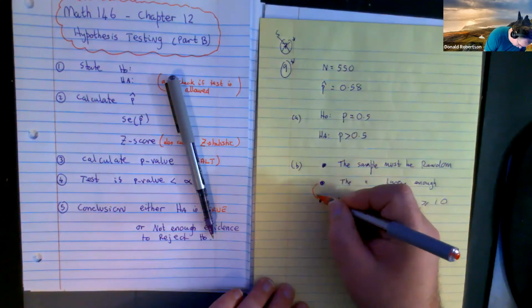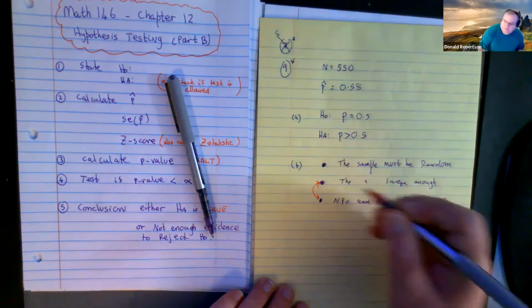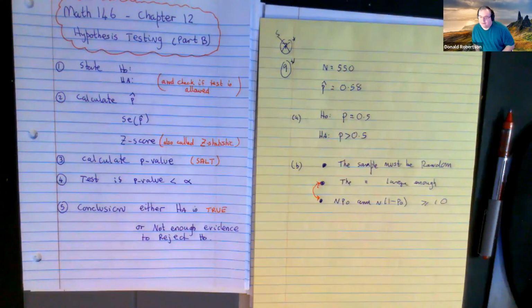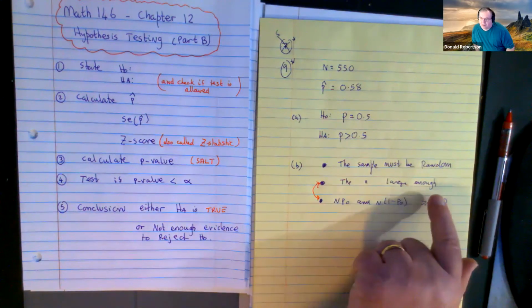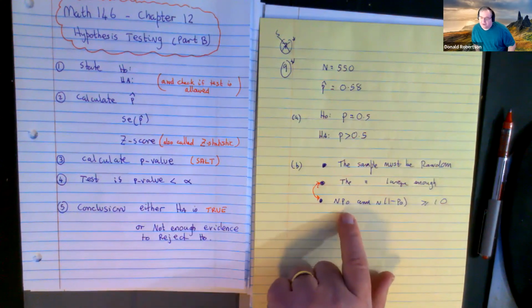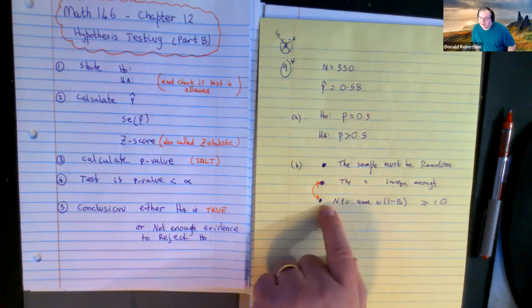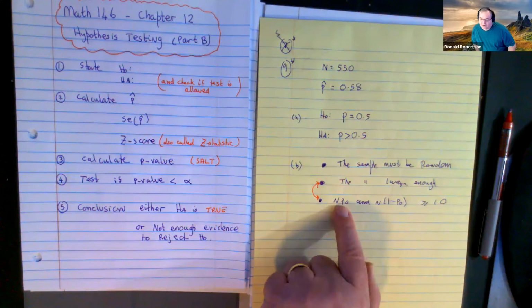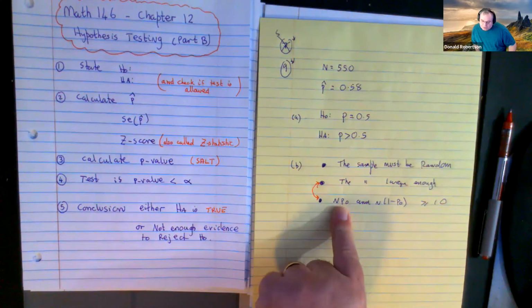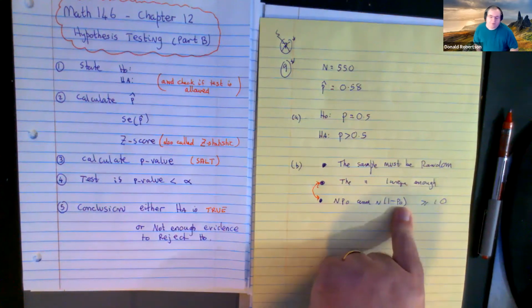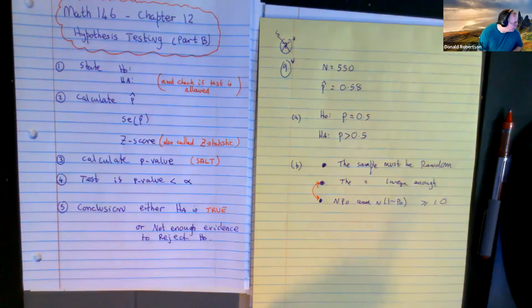Aren't those two really the same thing? When you say the sample has to be large enough, it doesn't not mean this, right? That's how we check if it is large enough. Basically, were there at least 10 people who said yes? Were there at least 10 people who said no?